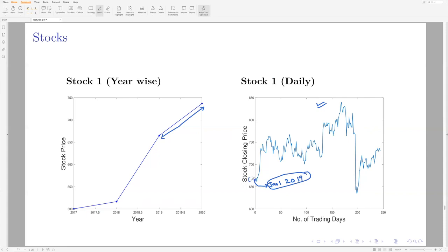And then the daily chart shows every day's closing price. So you can see that between 1st Jan 2019 and 1st Jan 2020, every day the stock closing price was like this. You can see the randomness involved in the stock price. You cannot predict this stock price accurately.